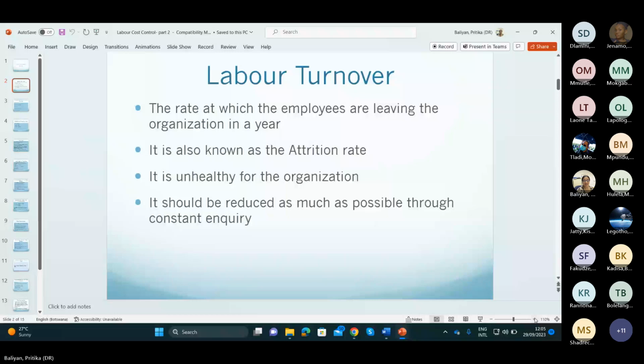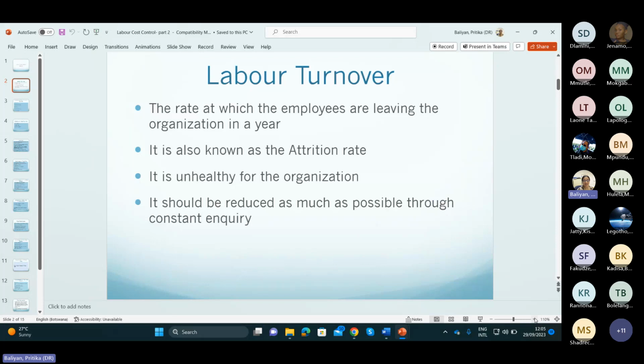If the environment is unfavorable or unhealthy, people would not like to work for a longer period, and the business will suffer a loss of production as well as a lot of activity in recruiting people for the same position again and again within a short period of time. It should be reduced as much as possible through constant inquiry.